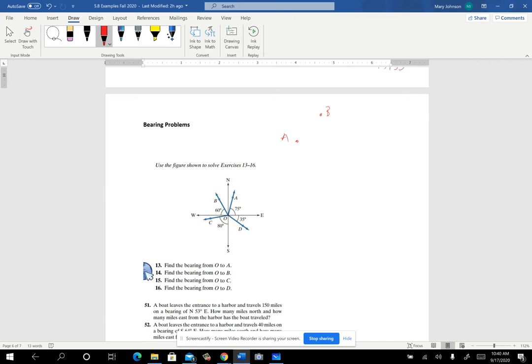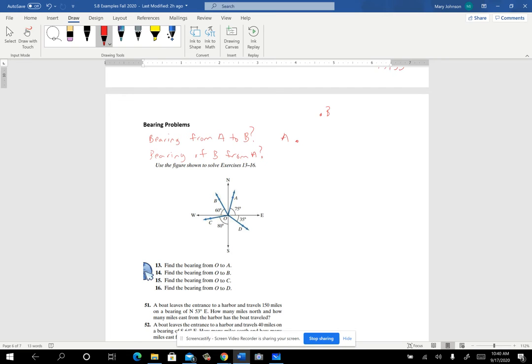They might want to know what is the bearing from A to B, or they might word it and say, what is the bearing of B from A? And it would mean the same thing.